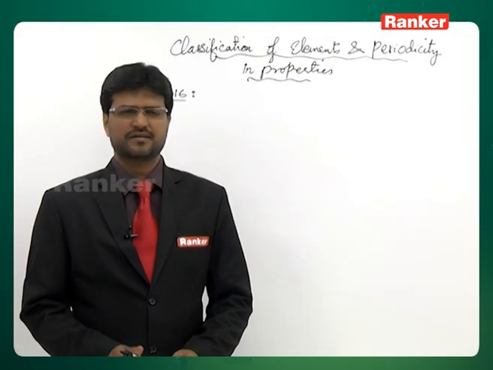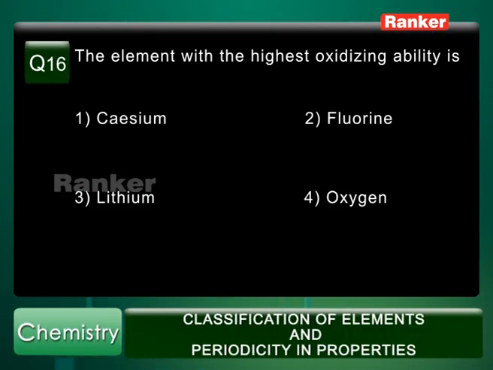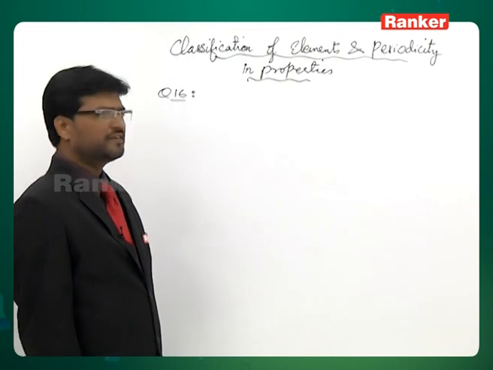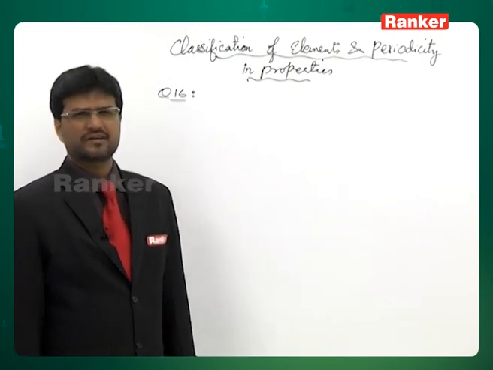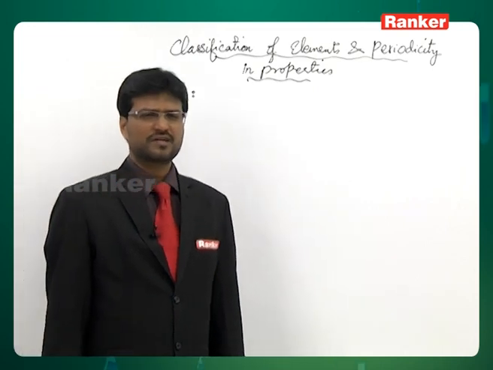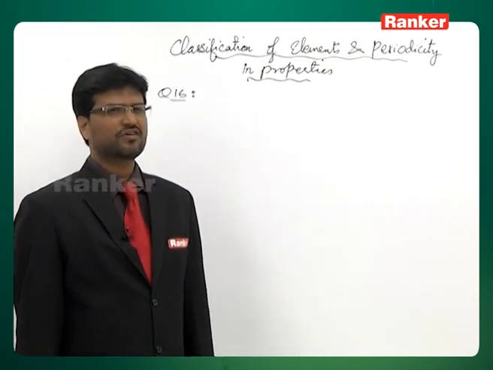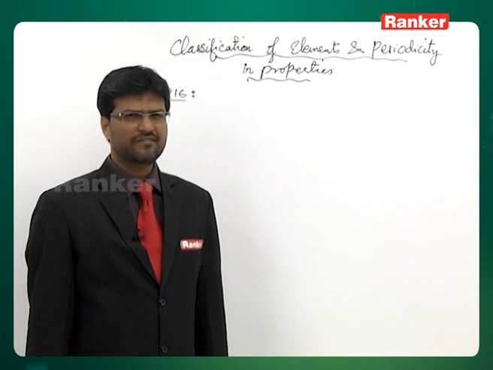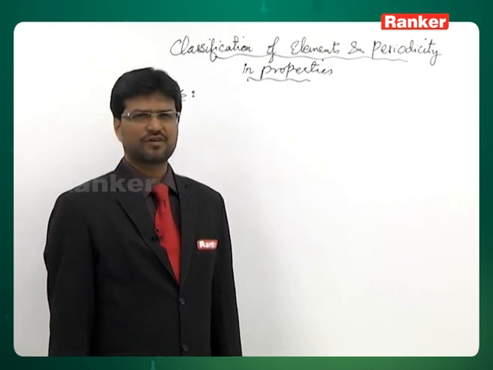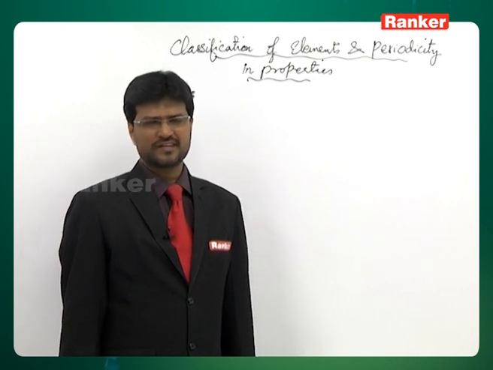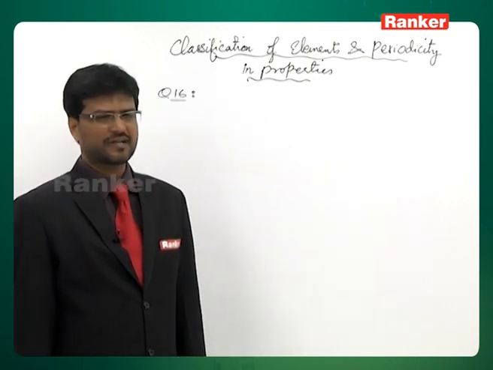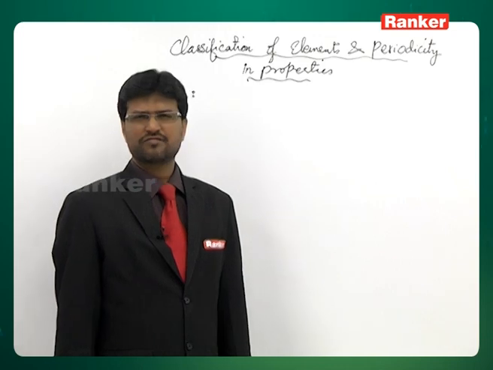Question number 16. The element with highest oxidizing ability is. See, oxidation means loss of electron and reduction means gain of electron. So, for an element to have highest oxidizing ability, it should have an ability to accept electron and oxidize another substance. So, the element which has highest ability to accept electron among them is fluorine.